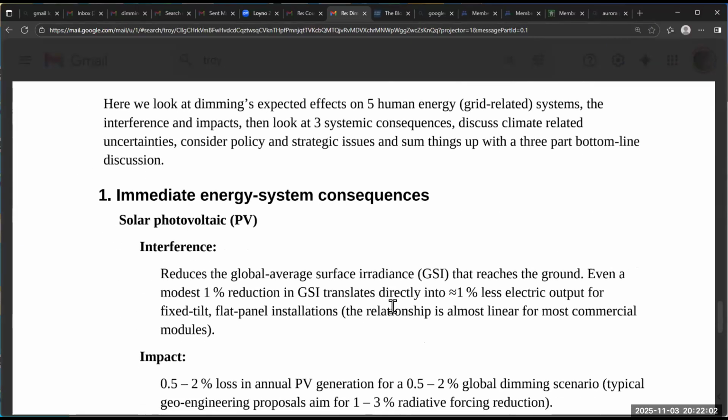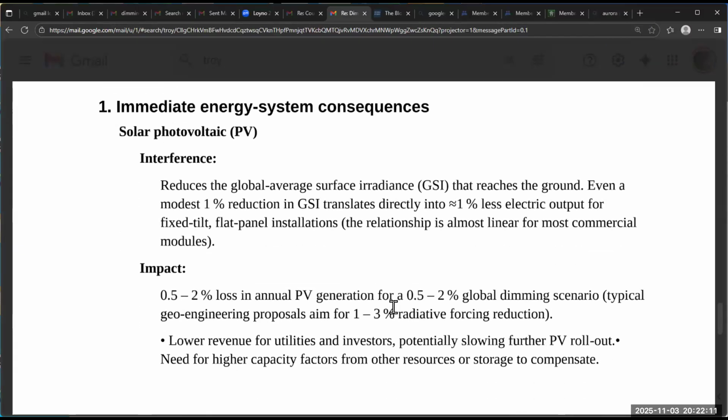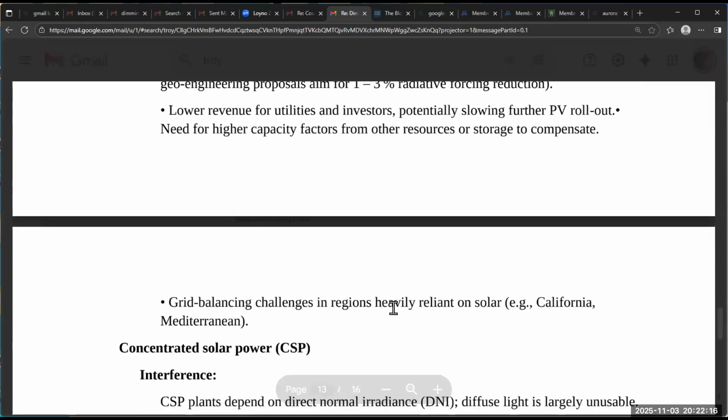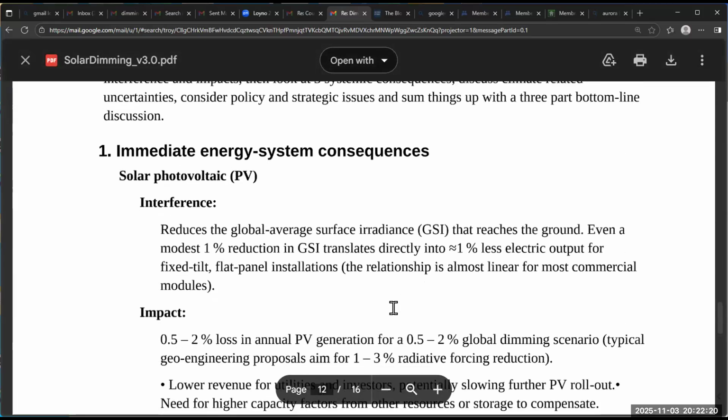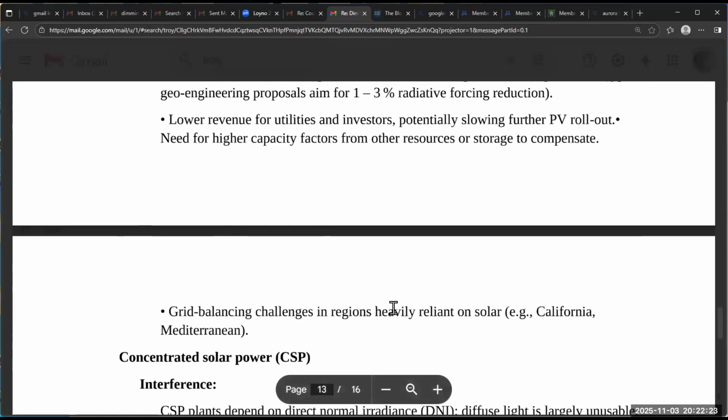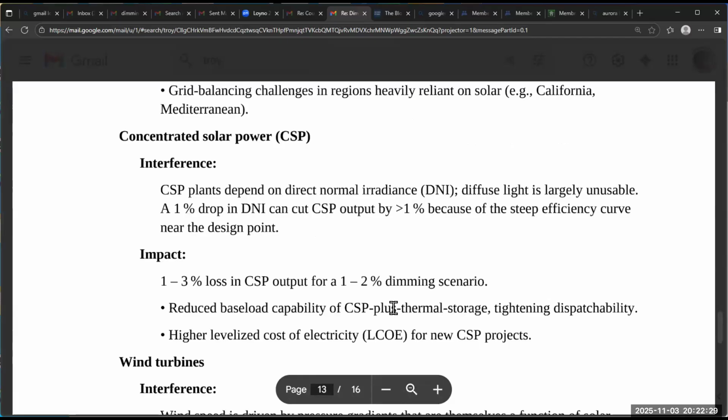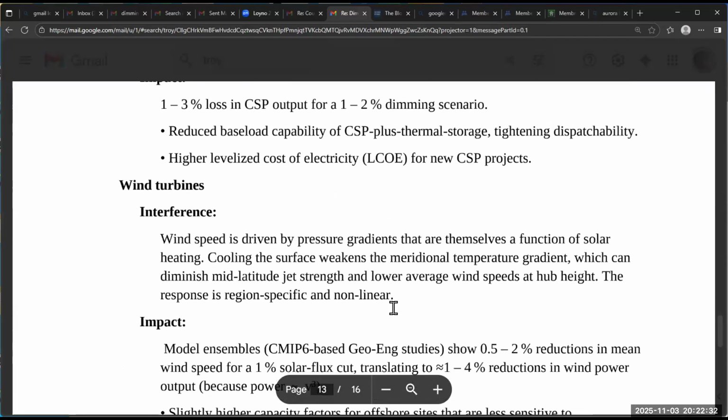If we're reducing solar radiance, our photovoltaics and wind turbines and so forth are likely to be affected. Hydrologic power will be affected by changing precipitation patterns, and even nuclear and so forth will also be affected, but less so, by changes in cooling water availability and things like that.